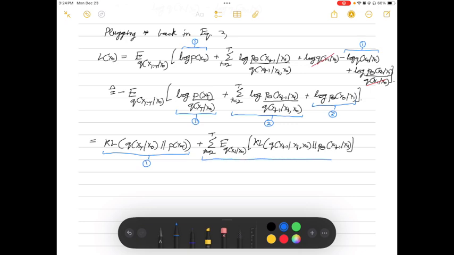So what this means is that we have a divergence between the original clean sample and the denoised sample, and we want to minimize that divergence.